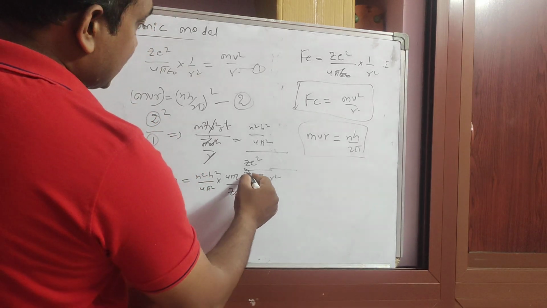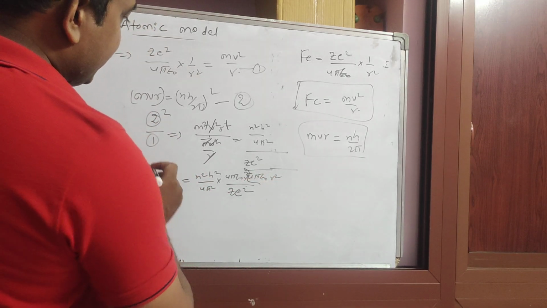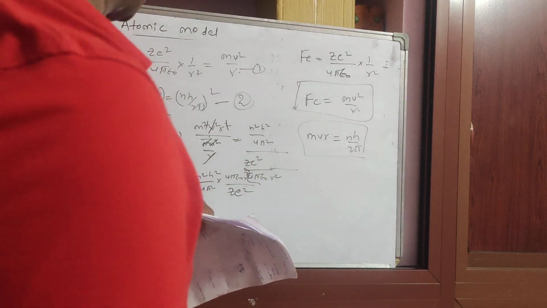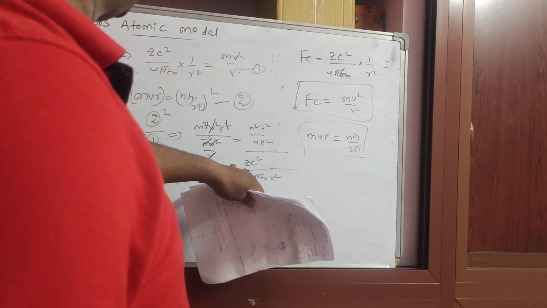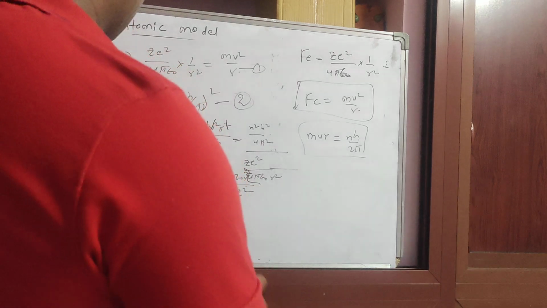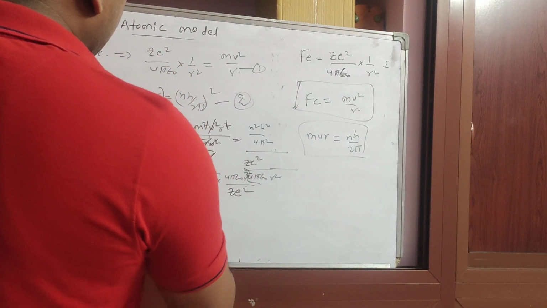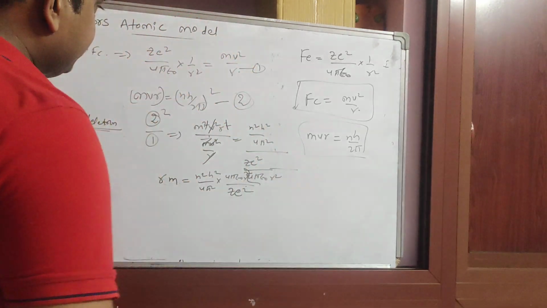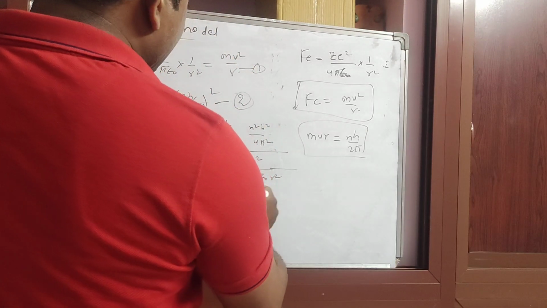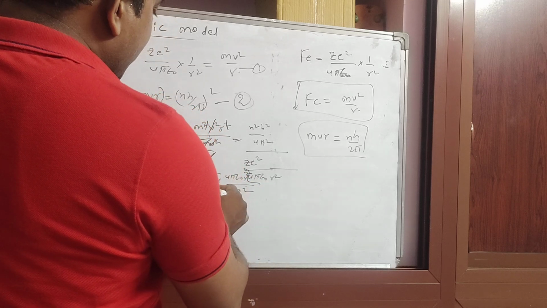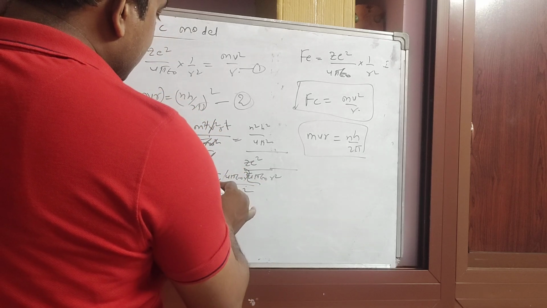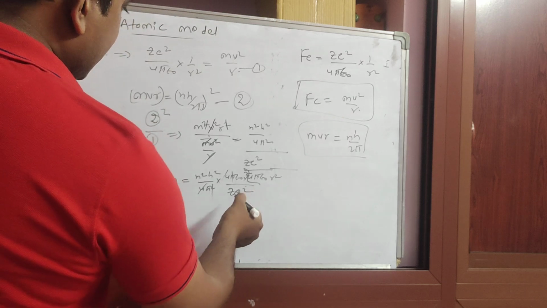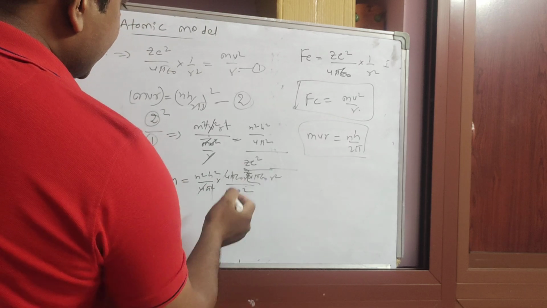If you take r square and m, one of the r remains, so mr is there. Next, with 4 pi square, the 4 will cancel and one of the pi is cancelled. Then one of the r and the square is cancelled.